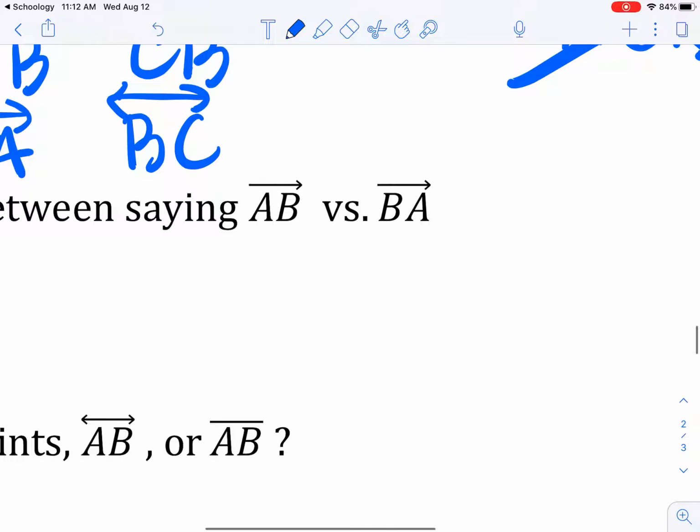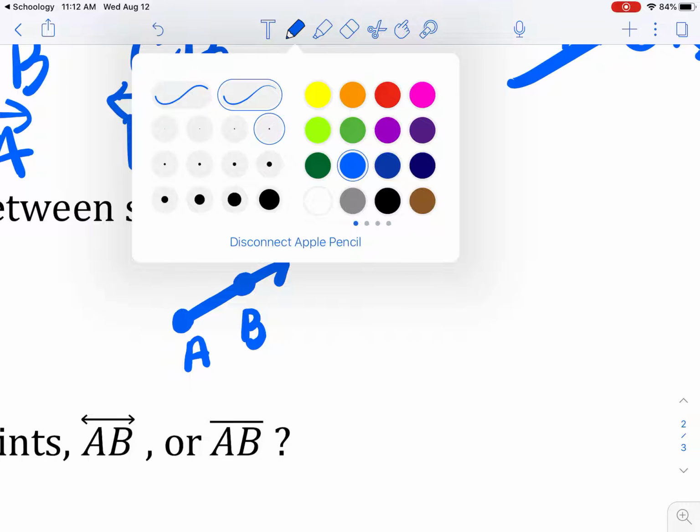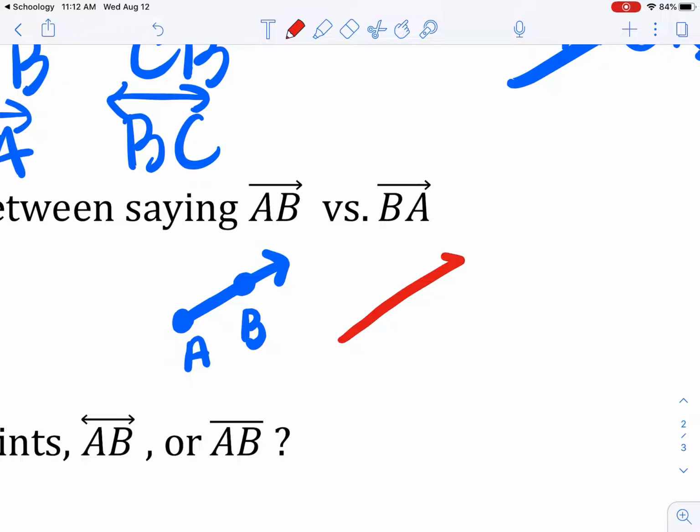All right, you should have the difference between the two. I'm going to draw a picture. I think it's the easiest. Okay. This first one here says the endpoint is A and it goes through B. The second one here, I'm going to draw it in the same direction.